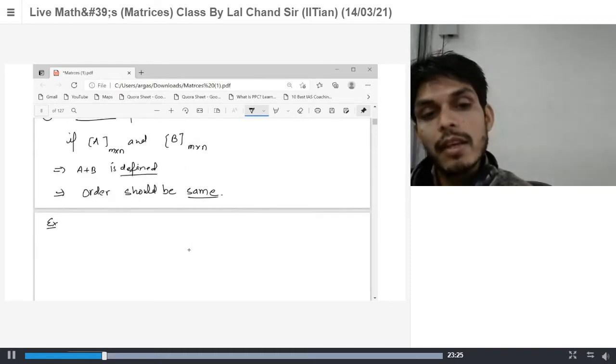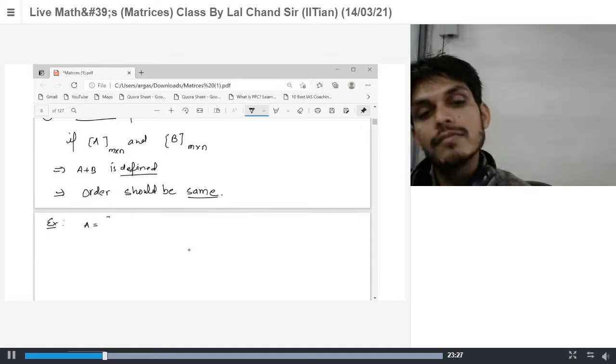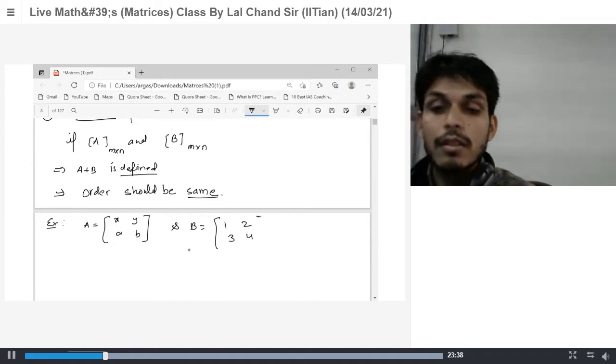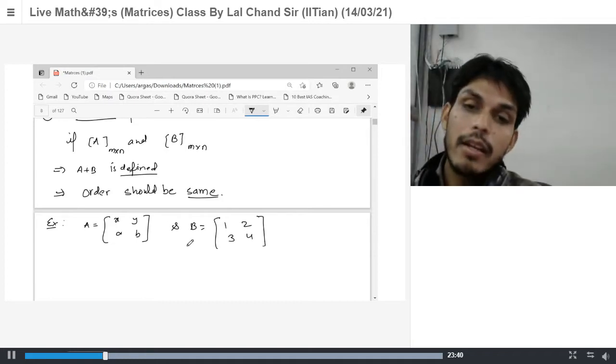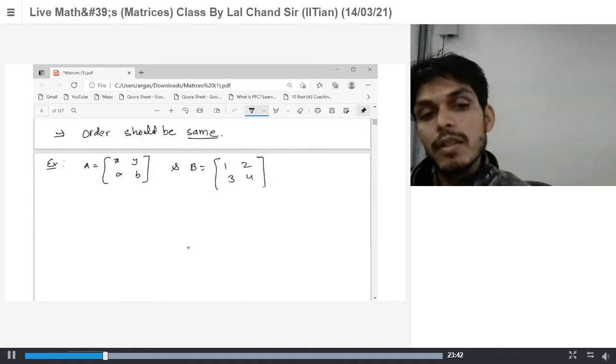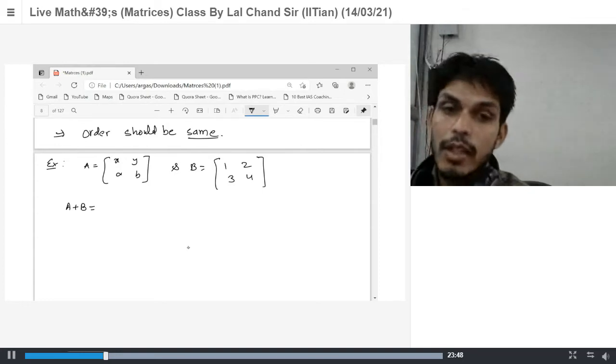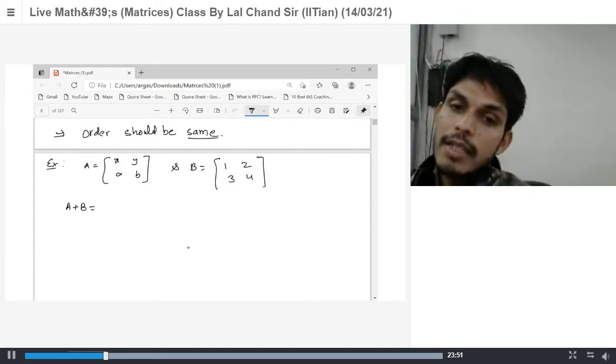For example, let us suppose I have a matrix A, x y, z a, and a matrix B, 1 2, 3 4. If I would like to write A plus B, then what will be the sum of these two matrices? First check for the order. The order of matrix A is 2 cross 2.